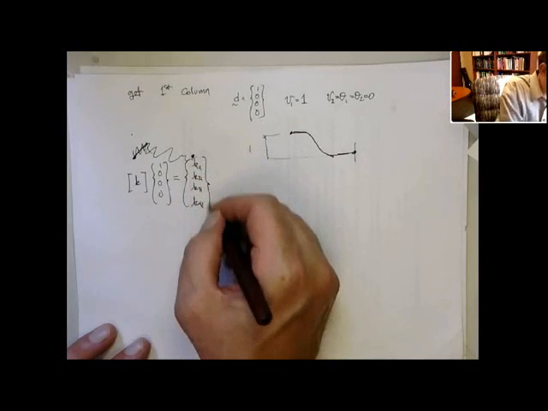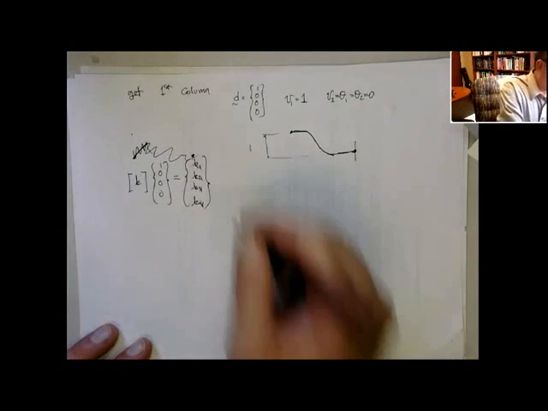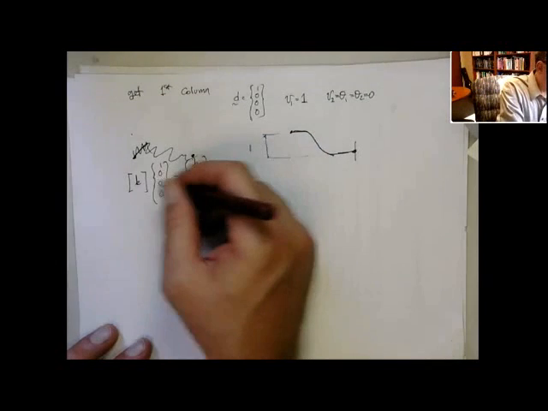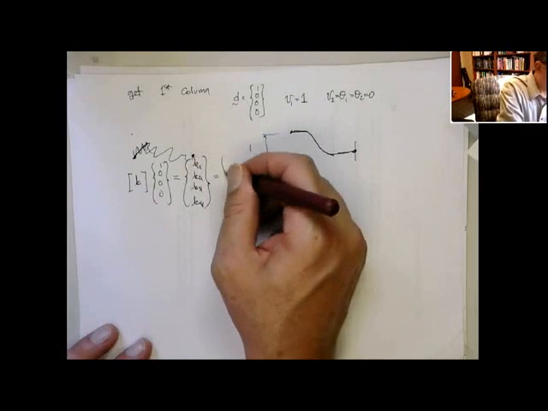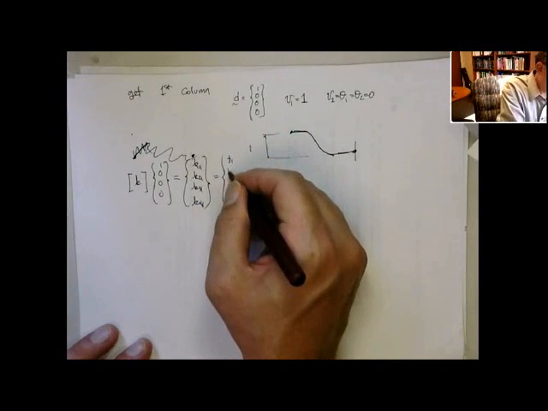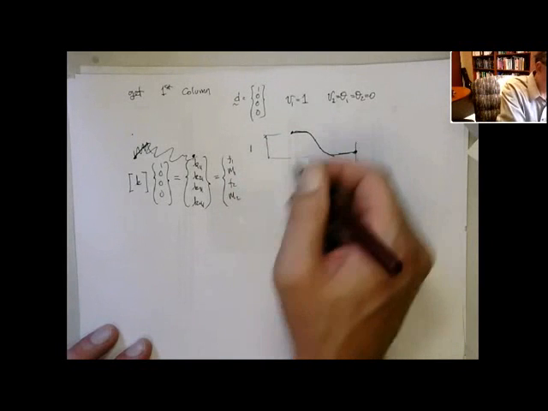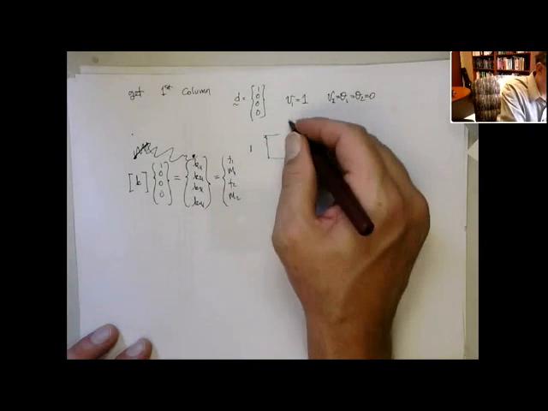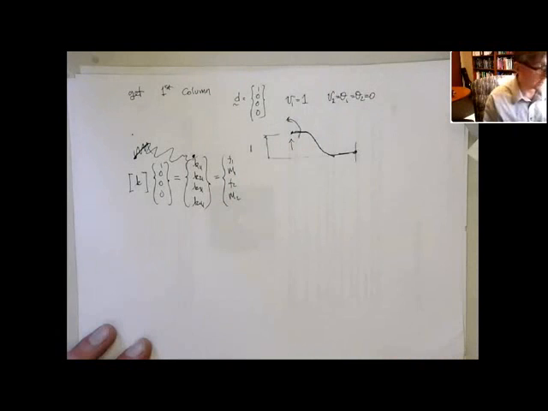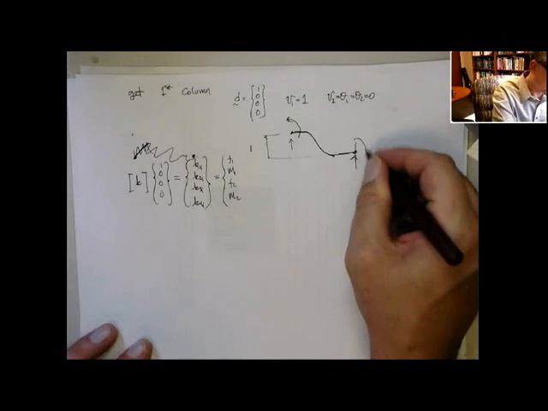So that's the first column of the stiffness matrix, all right? And that has to equal, this is KD, that has to equal the forces. So that is F1, M1, F2, M2. So this is F1, and that's M1. Then we have F2 and M2, okay?